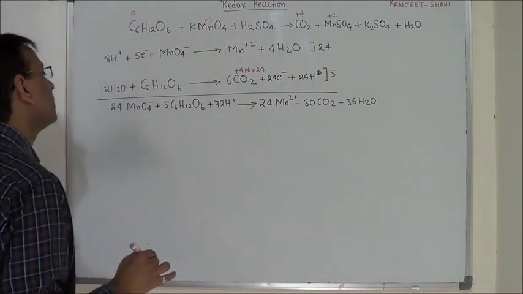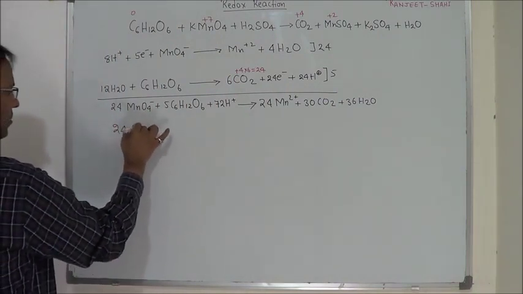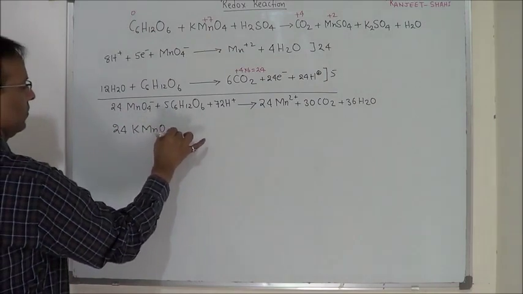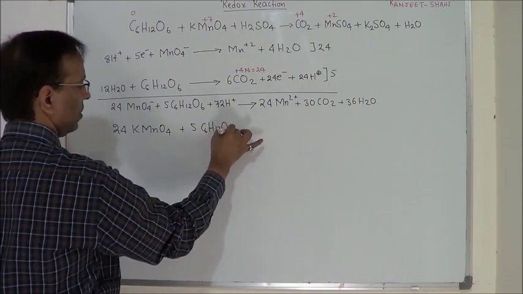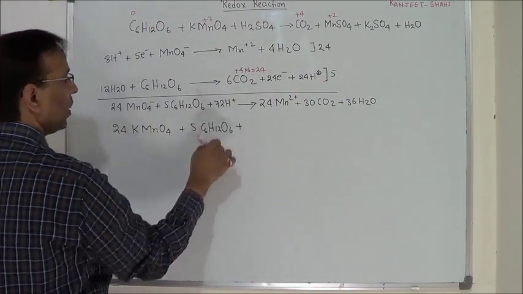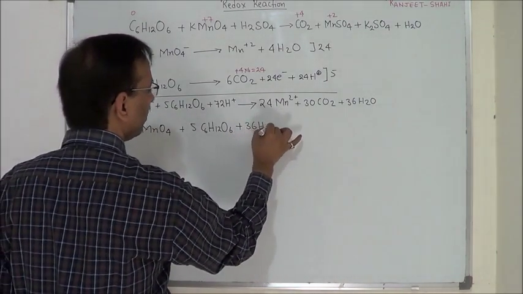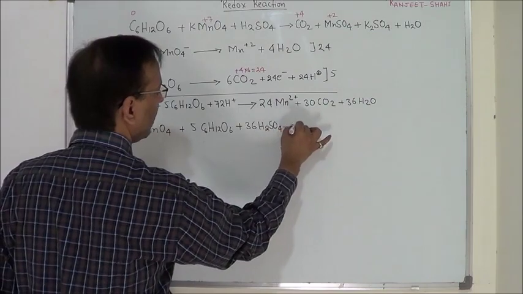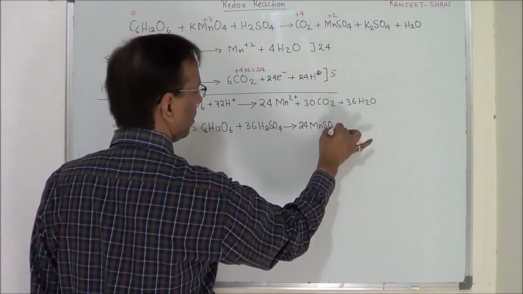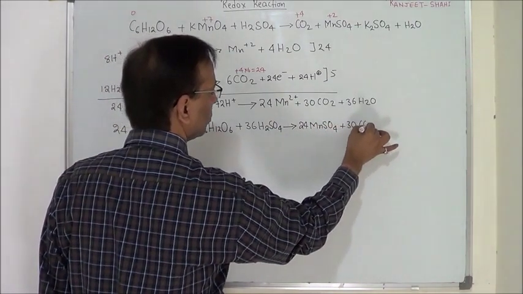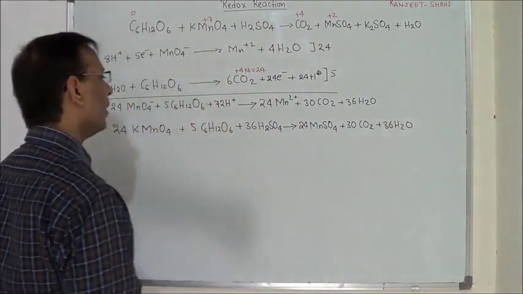When we compare the coefficients, we obtain 24 potassium permanganate, 5 glucose, 72 hydrogen ion will come from 36 sulfuric acid. On the right we have 24 manganese sulfate, 30 CO2, 36 water, and potassium will be balanced by inspection.